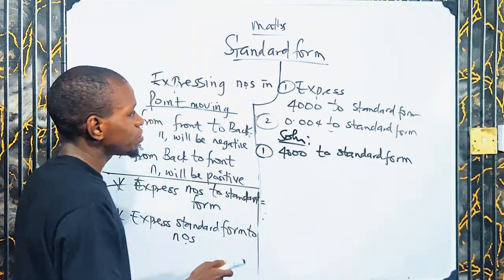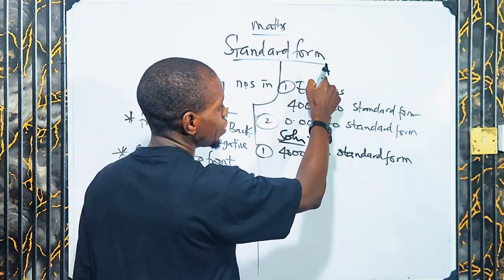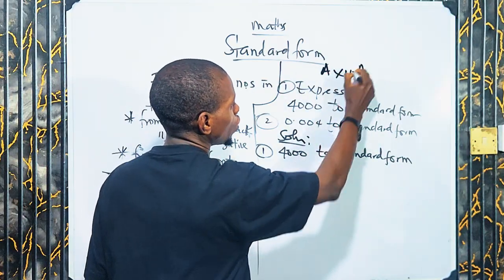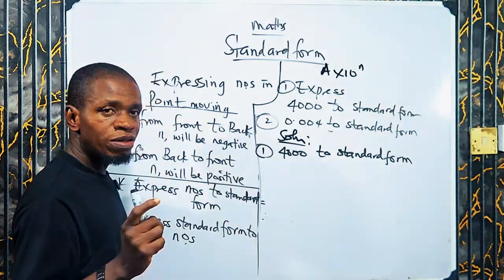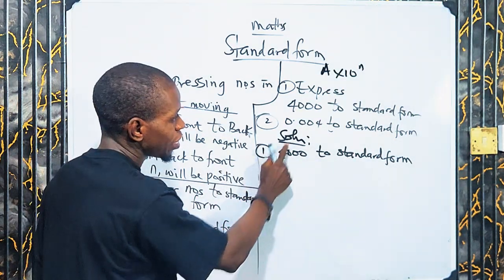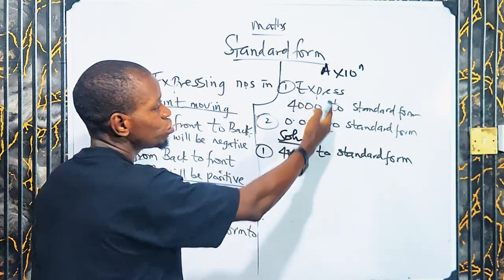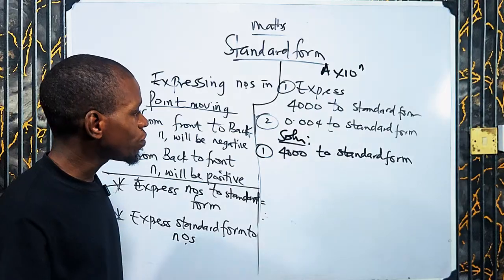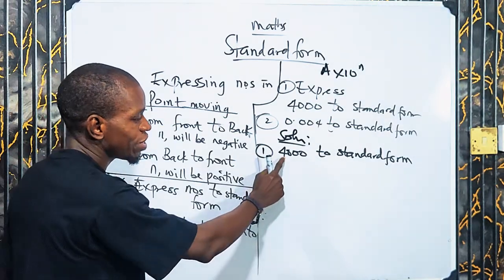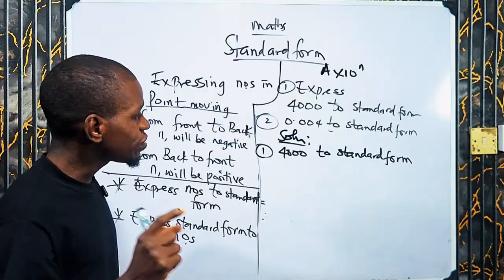And the rule of standard form says you are to express only a number times 10 raised to the power n. So it means that we don't need all these numbers. The only thing we need is one number, which could be 1, 2, 3, 4, any number, just one number.